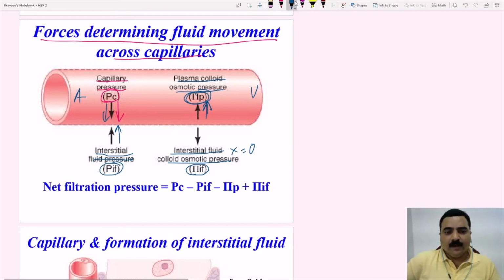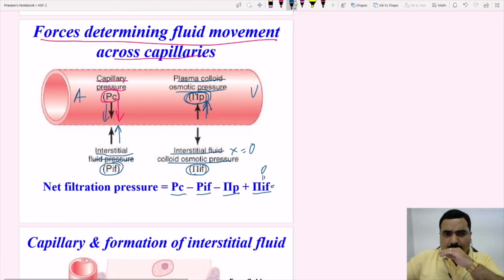The net filtration is calculated as the capillary hydrostatic pressure minus the interstitial hydrostatic pressure minus the plasma colloid osmotic pressure plus the interstitial colloid osmotic pressure. This net force is equal to 0 normally, whereas the others have specific values.